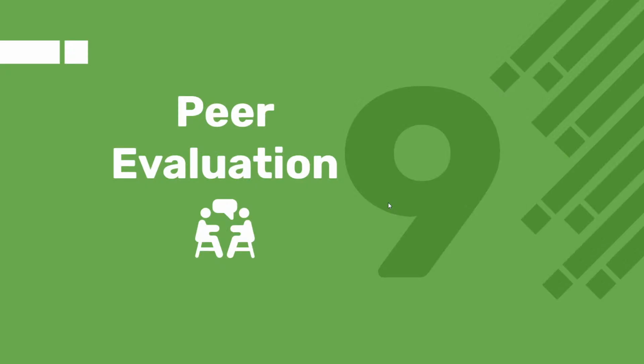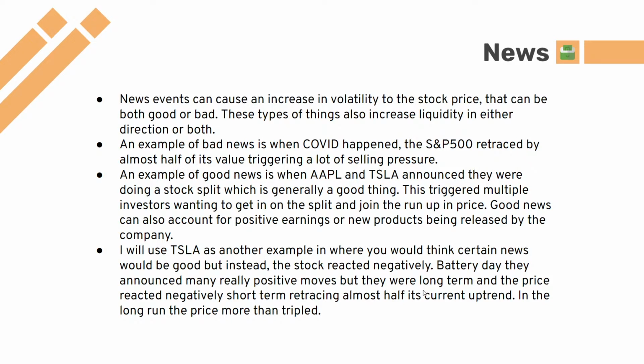So, peer evaluation. I put news in here because I think that's part of the evaluation by its peers, right? The media, quote unquote, is a peer, and they're going to evaluate whether a company is good or bad. And that increases volatility.